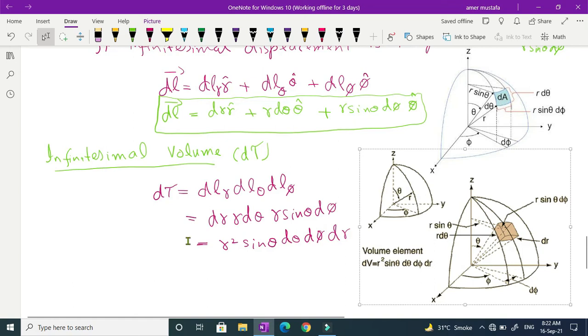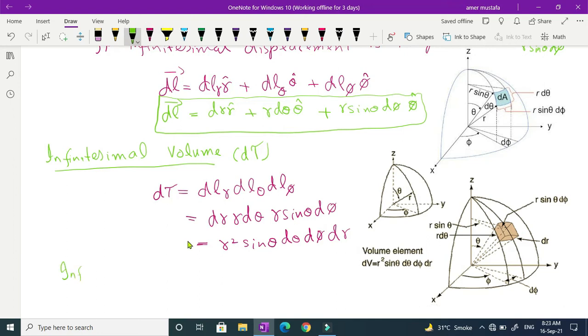Now we discuss the infinitesimal area, which is denoted with dA.